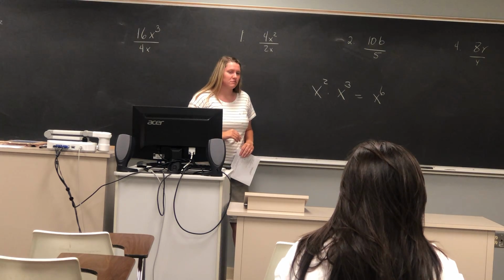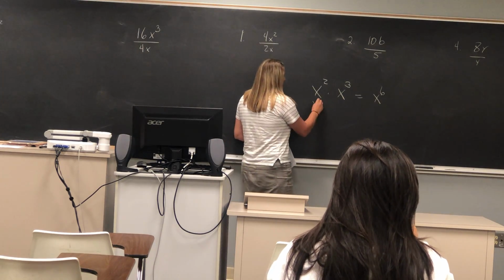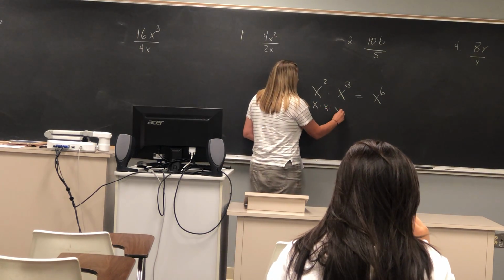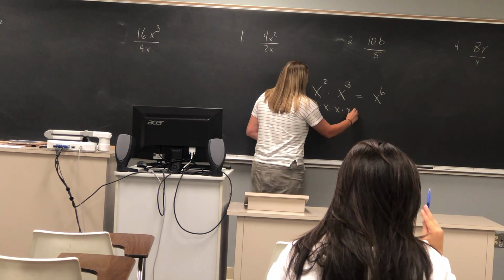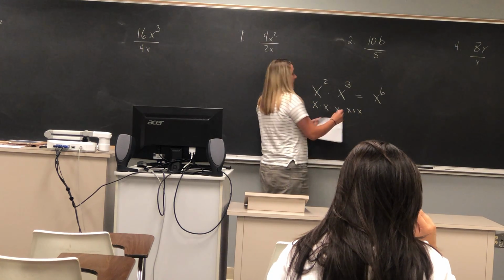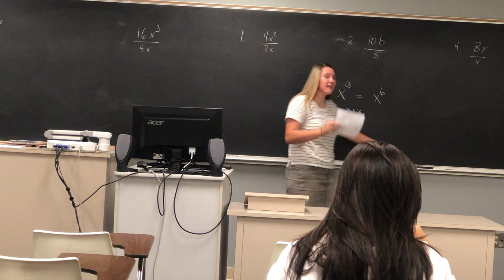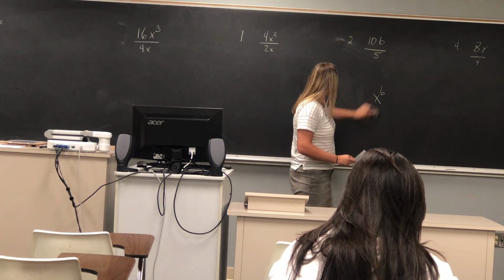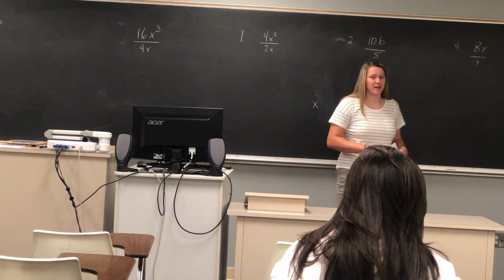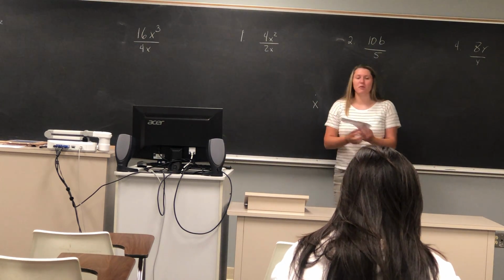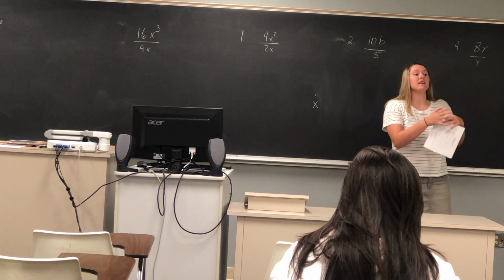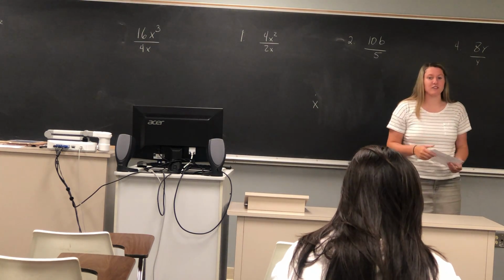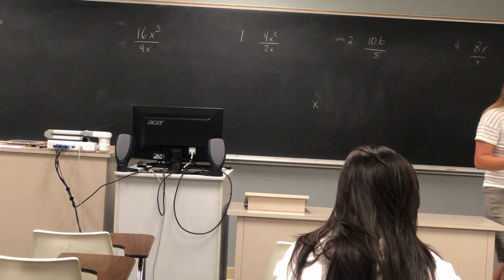Because technically that's 2 x's and 3 x's, and that does not equal 6. That's right, it equals 5. That is exactly right, and that's what I'm looking for. Great job. So make sure we keep that in mind when we're working with our exponents. The reason we don't multiply them is because we're thinking of them as if they were expanded, and that's exactly what Aloha was thinking. That's a great answer.